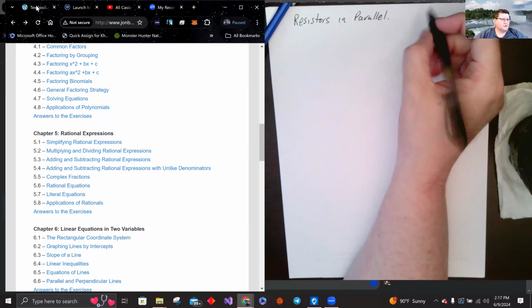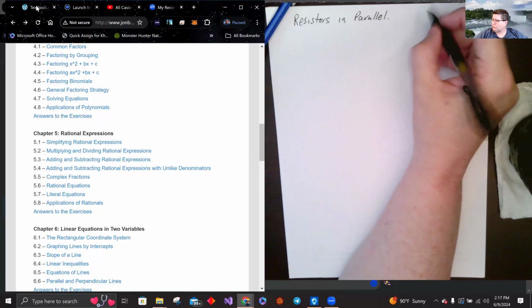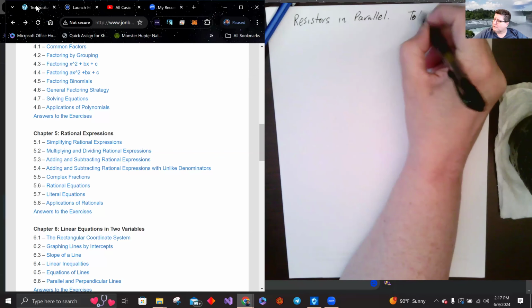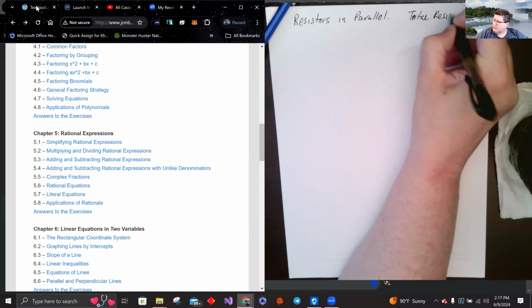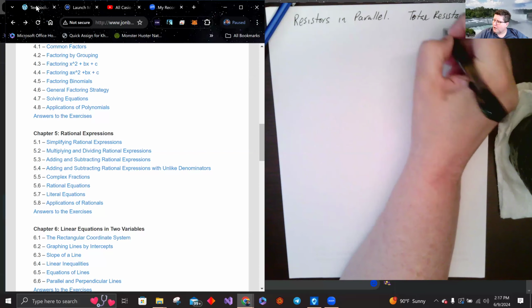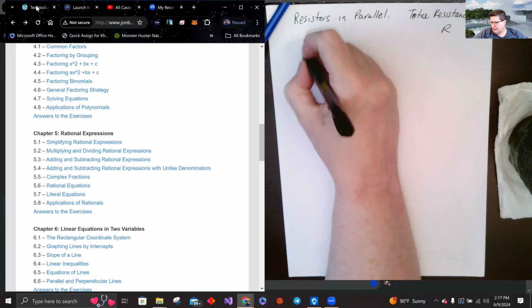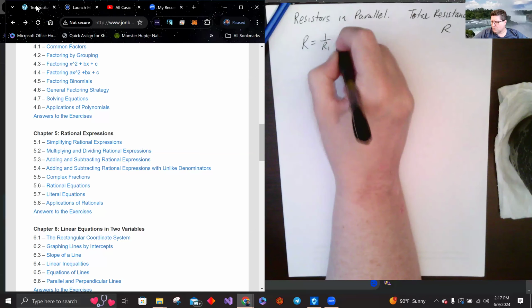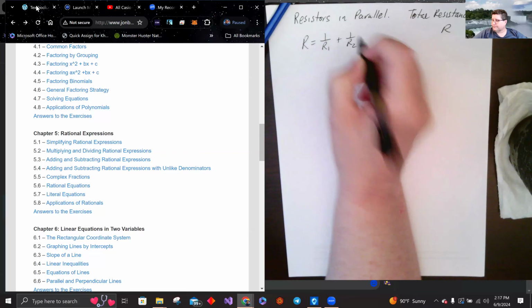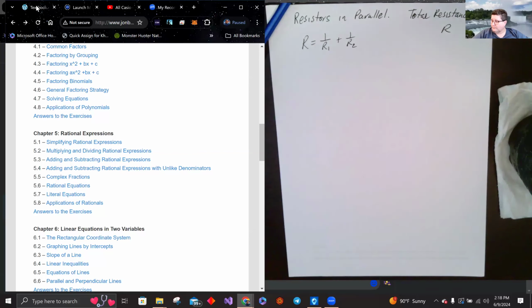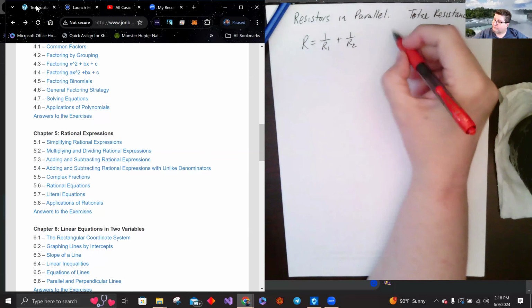When you have resistors in parallel, this is the total resistance. Total resistance R for two resistors in parallel, R equals 1 over R1 plus 1 over R2. Let's solve for R2.